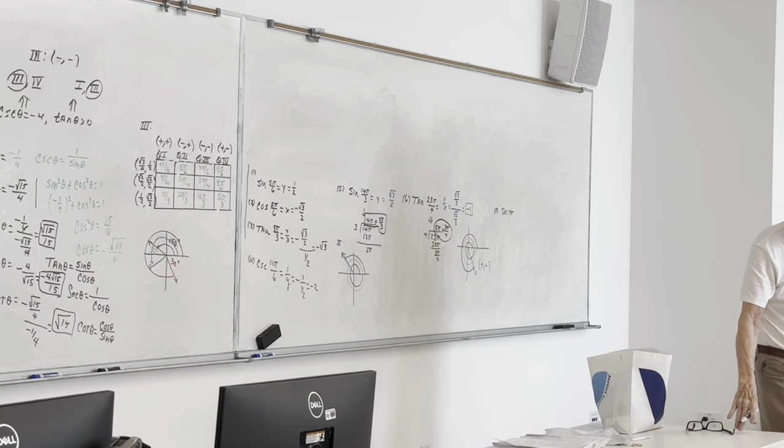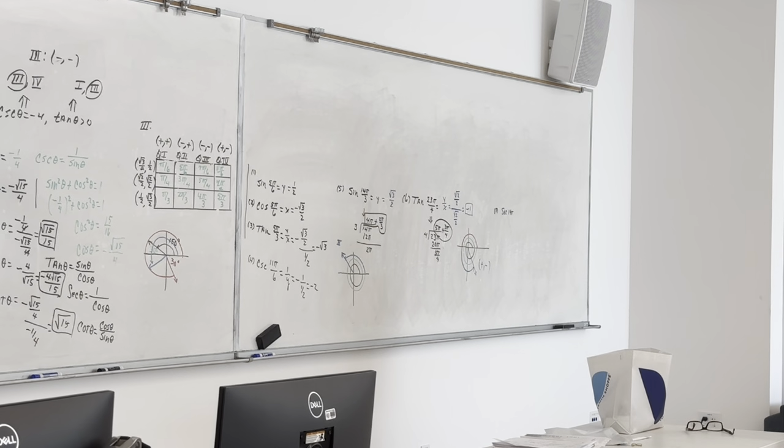Well, 2 pi can go into 19 pi about 9 times, which leaves you with just 1 pi, which is 180 degrees, and then secant is just 1 over cosine, which is 1 over -1, which is -1.